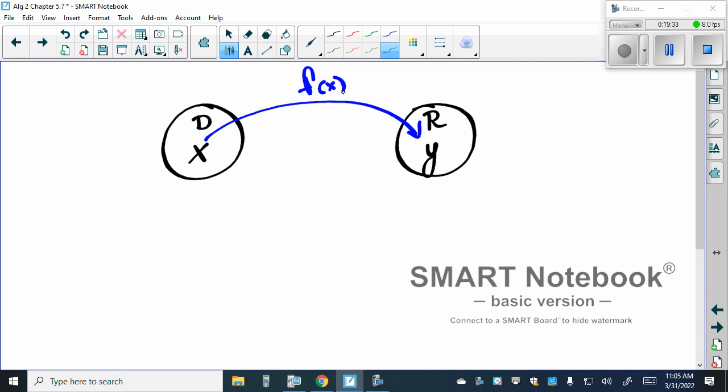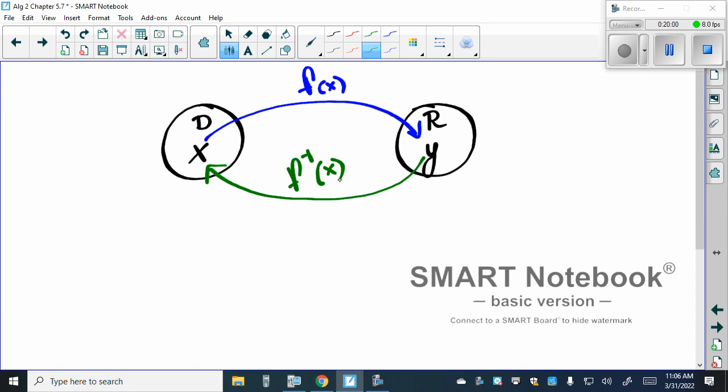It's going to take us from one domain value to one range, 1 x for 1 y, yes? Now the inverse of it is taking that y value and bringing it back to the input, back to what we started with, for any given value. And we saw that the other day when we did the input-output, where I could use the inverse to find out what the input was.